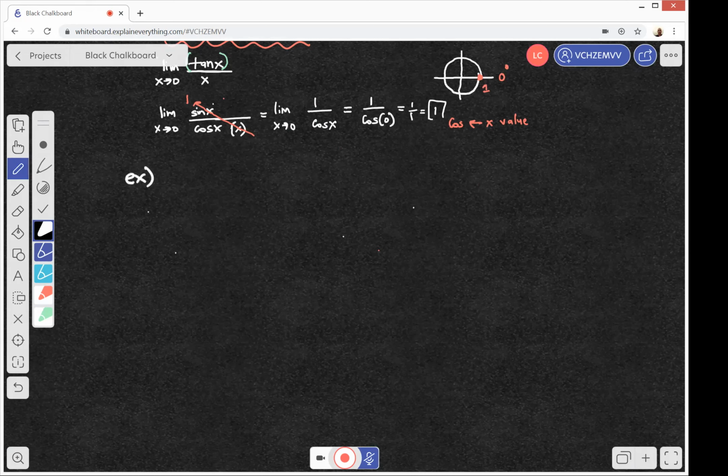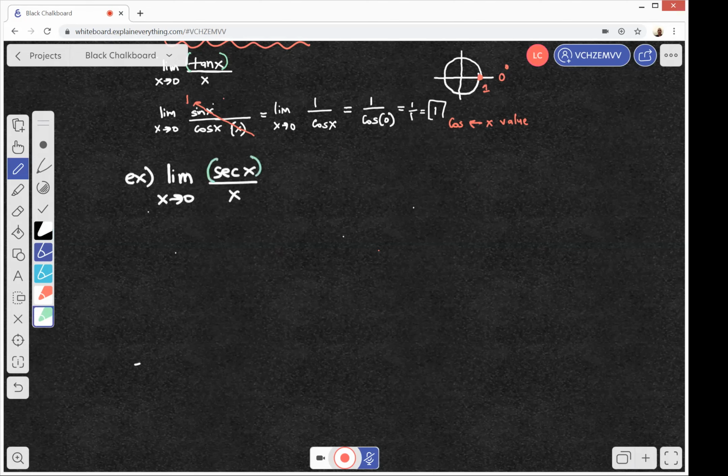The limit as x approaches 0 of secant x over x. Let's fix that. All right, limit. There you go. So we got to use another trig identity for this type of problem, something that we know, and we can rewrite the secant as 1 over cosine.